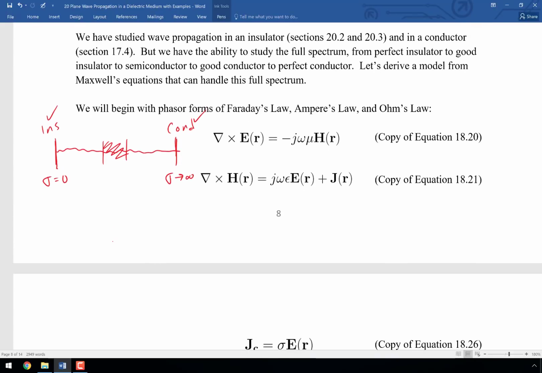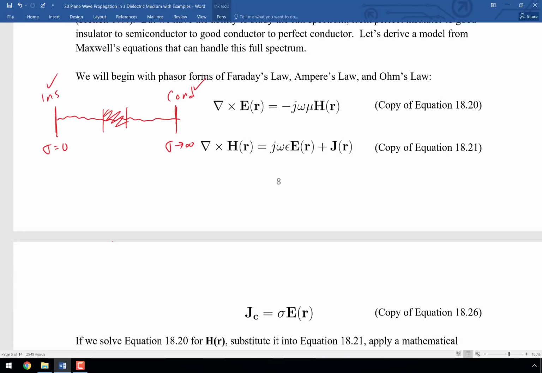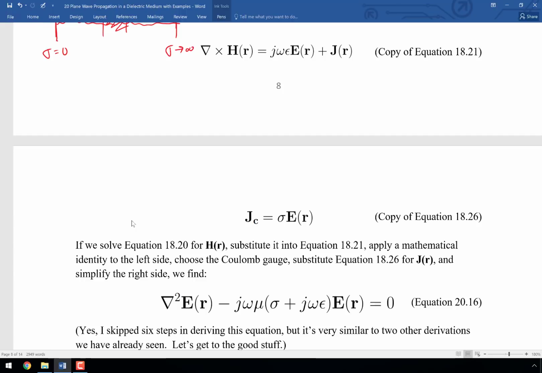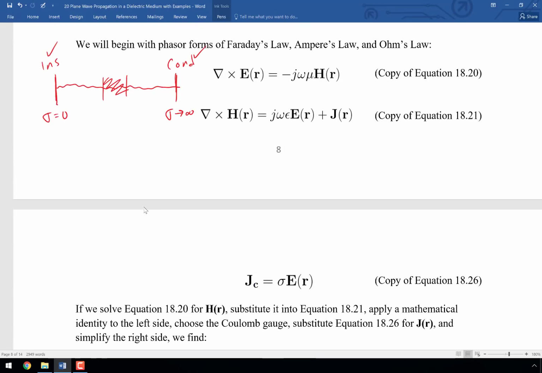I just want to remind you that from chapter 18, we saw the phasor form of Ampere's law, Faraday's law, and Ohm's law, in the case of a time harmonic plane wave. Furthermore, we solved equation 18.20 up here for H and substituted that in here.